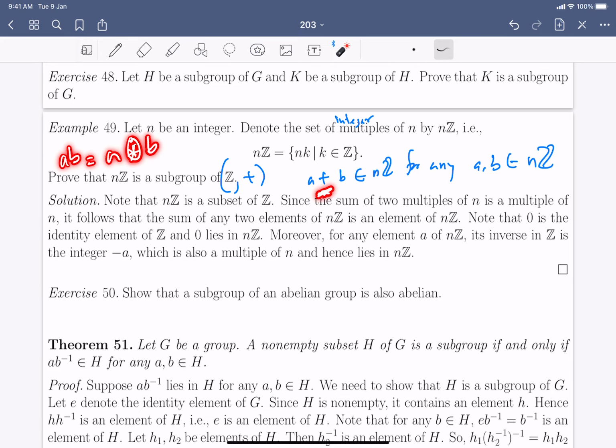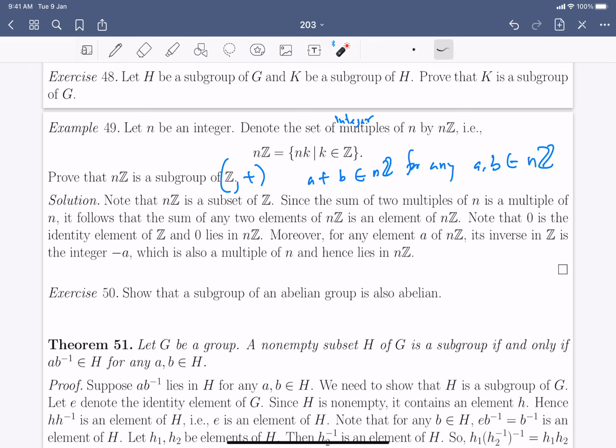So that's why AB, the apparent product, has been replaced by the sum. So there is no room for confusion after you have observed that this AB, which is not A times B, but A composed with B as per the composition law, which is plus, so that's why you have to write A plus B. If you have observed this, then there is no room for confusion.